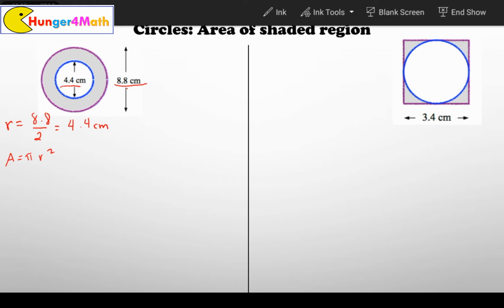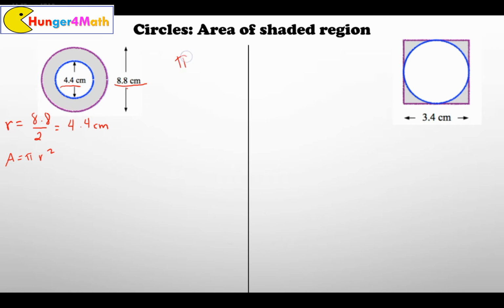Once again, for the value of the pi, we're going to use 3.14. Now let's substitute. So pi is equal to 3.14 with the radius of 4.4 cm, bracket square. Next, we are going to simplify the radius with the power of 2.